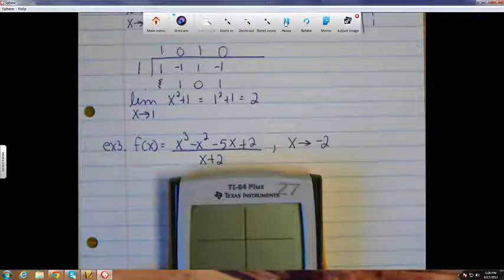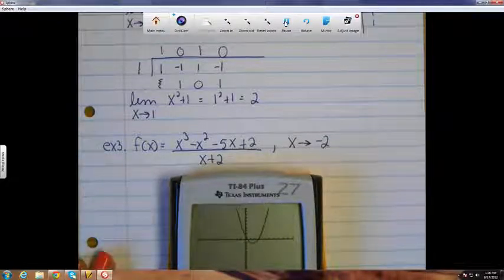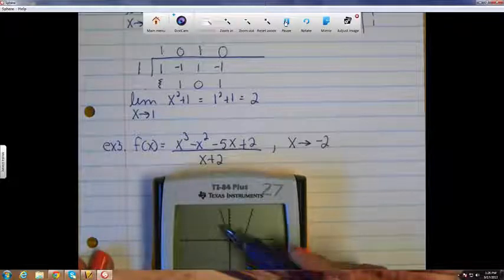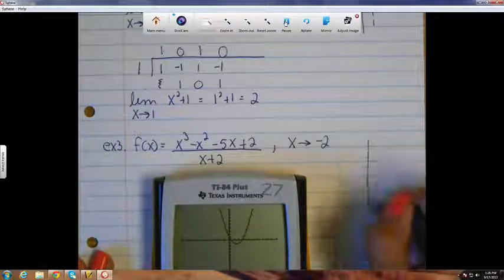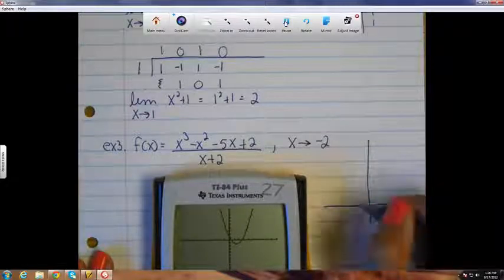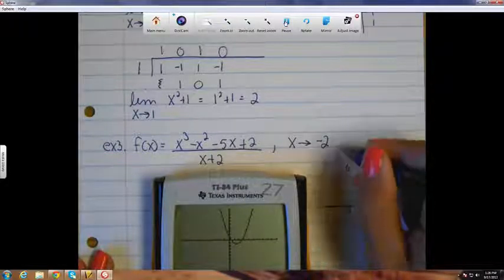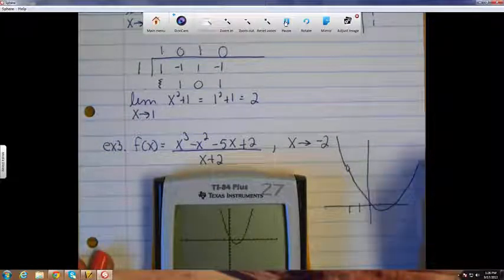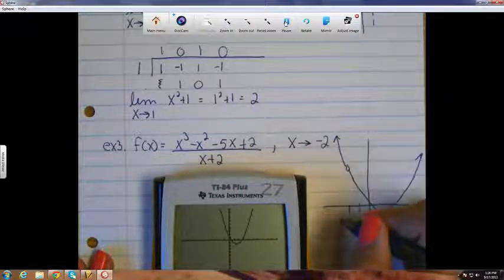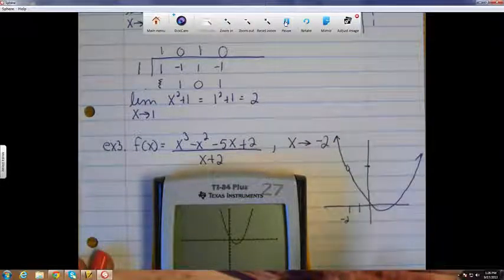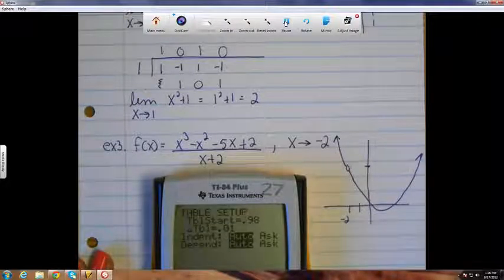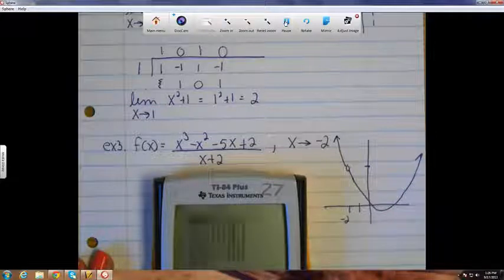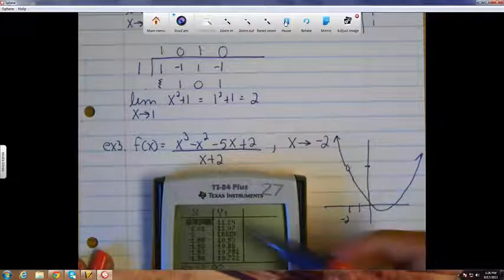Graph. Nice parabola again, but when x is negative 2, we've got that hole in the graph. So looking for the limit, we'll go to the table. I want the limit at negative 2. Look at the values there to see what I should be getting. Looks like the y values are jumping over 11.